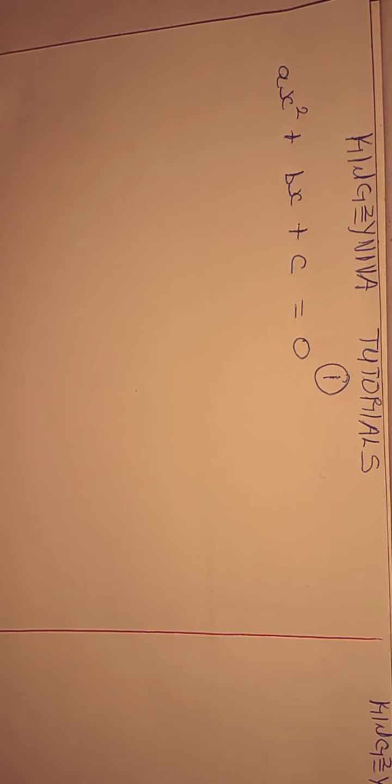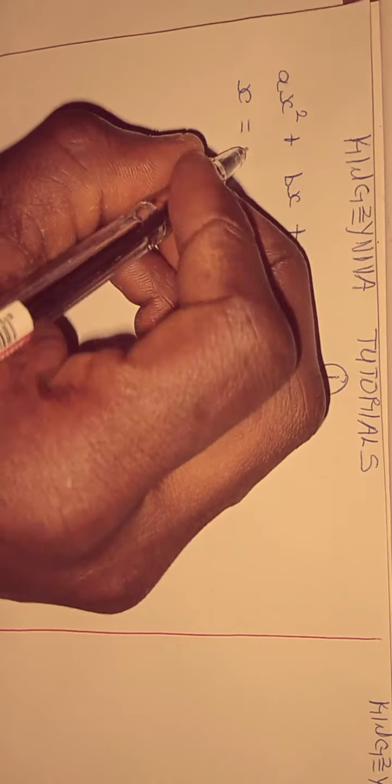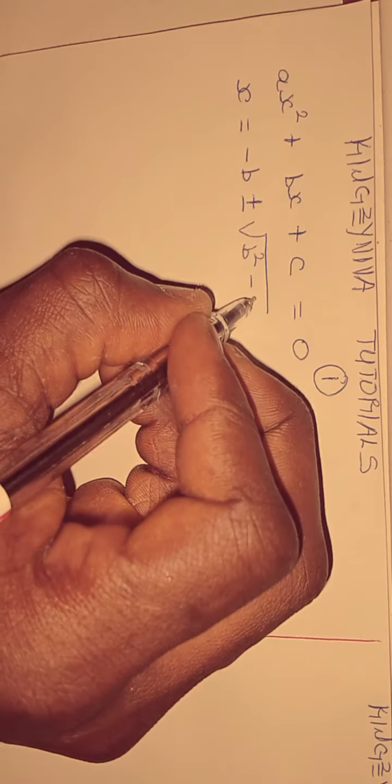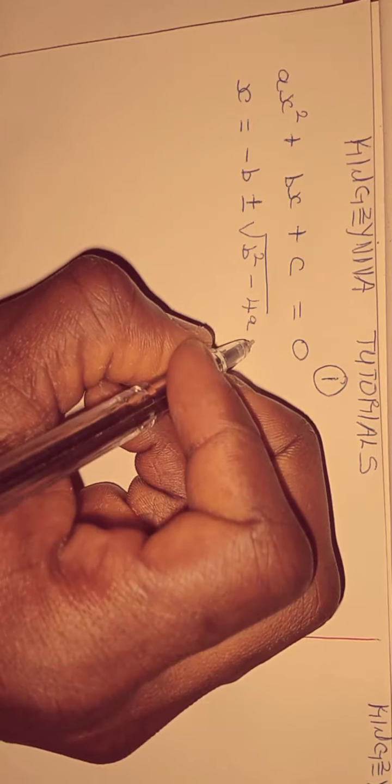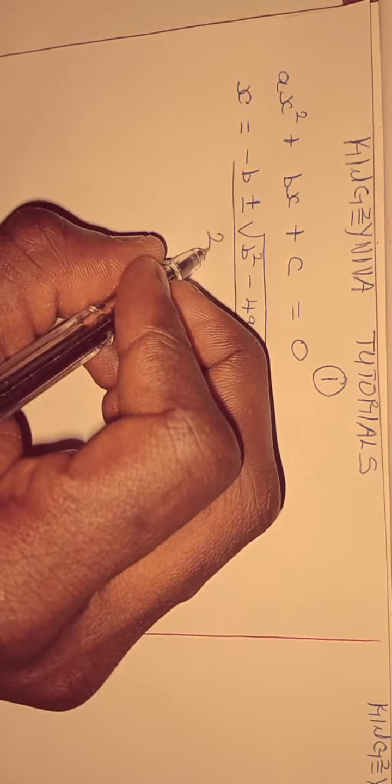The roots here, as we all know, is x equal to minus b plus or minus the square root of b square minus 4ac all over 2a.